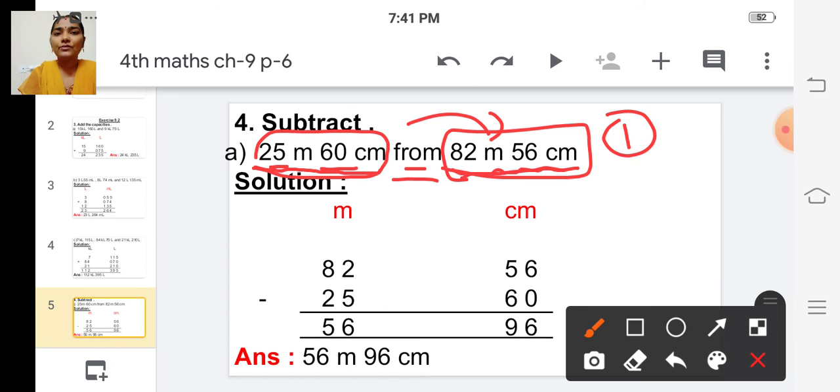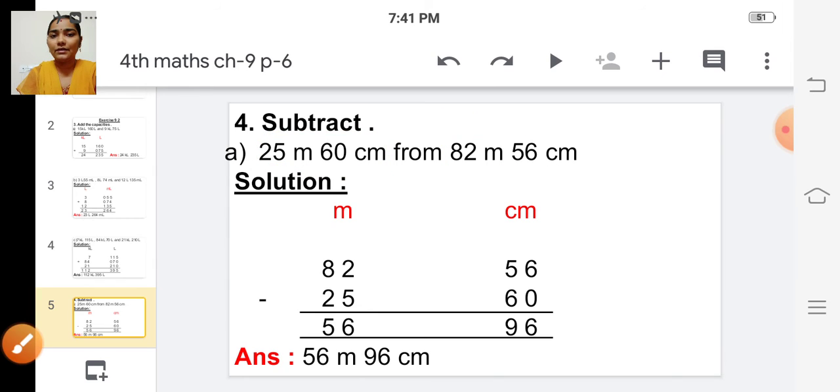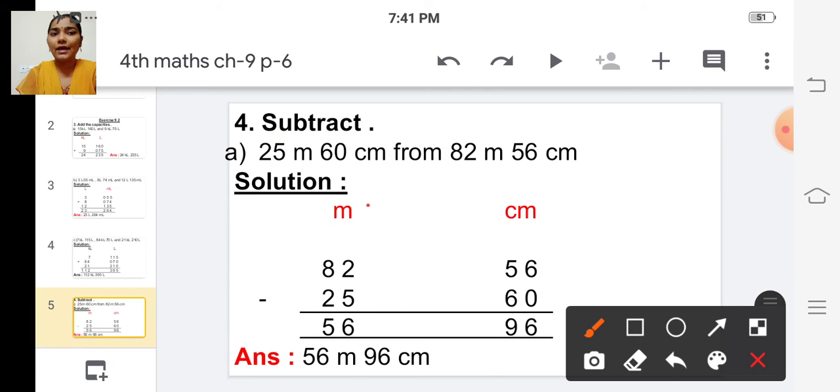So first you have to separate the units. What are the units they have given? Meter and centimeter. So write meter and centimeter. So we have to write this first. So 82 meter. So write 82 below this meter and 56 centimeter.